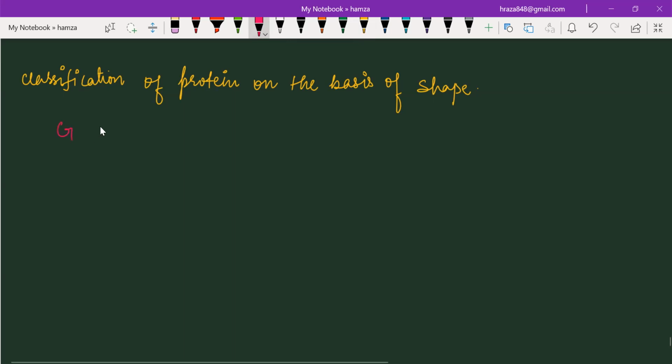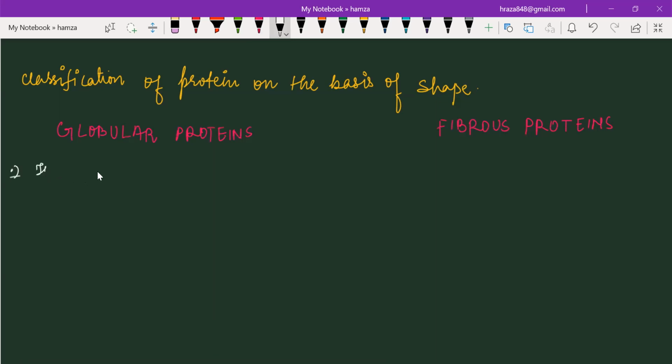So I'm going to write this is globular proteins and this is fibrous protein. I'm going to differentiate between these two, which is very important. So the first is they have merely a spherical structure. And what about fibrous? They have linear thread structure.